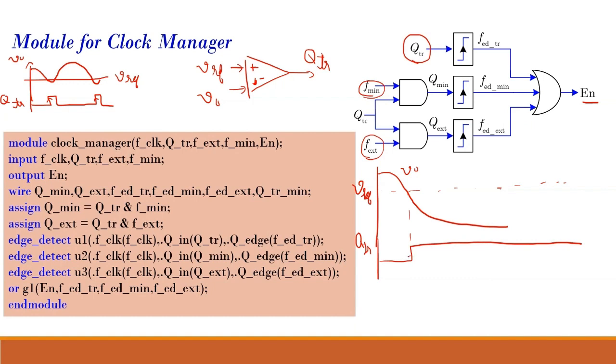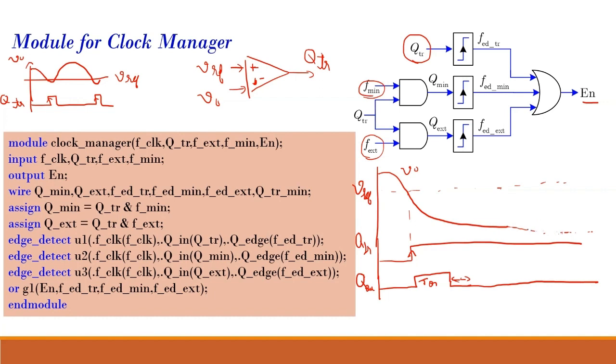When this has gone high at the rising edge, this is my Q out. It will go high, and it will be on for on time. Then it will be off for some minimum off time, and it will continue to remain off. If it continues to remain off, what will happen? Your output voltage will keep on falling. But that is not what we want.